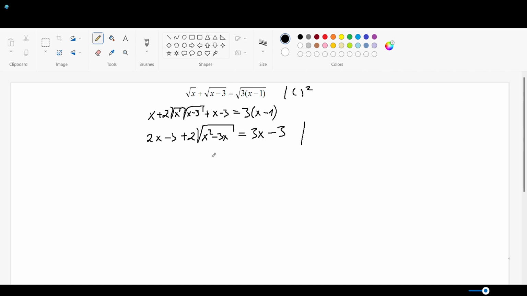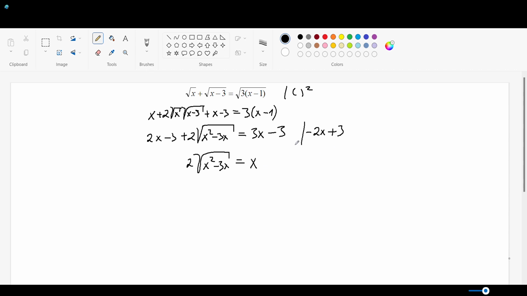Now, as we said, we really need our square root to be alone on one of the sides of the equation. So we will do this operation, take away 2x plus 3, so that we get rid of this expression on the left side of the equation, and then we will get 2 times the square root of x squared minus 3x equals x.